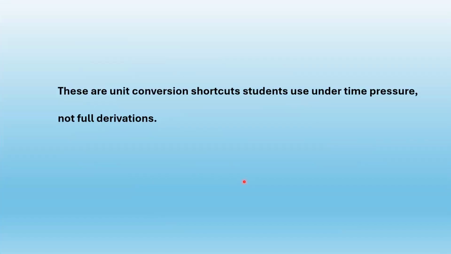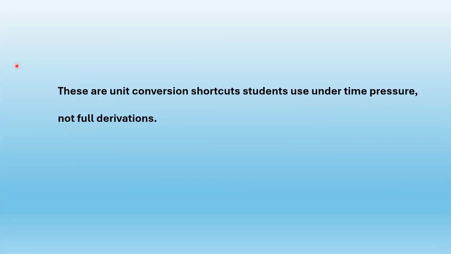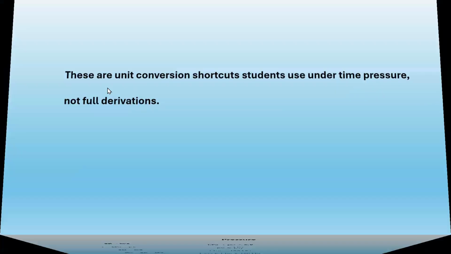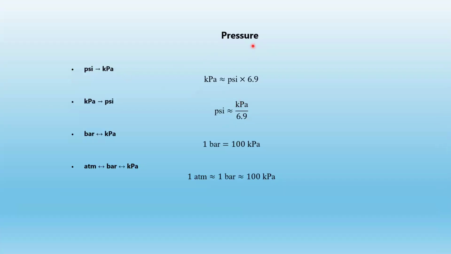These unit conversion shortcuts, I'll give you those too. What does it say? These are unit conversion shortcuts students use under time pressure. That'll be a test, right? These are not the full derivations. All right.